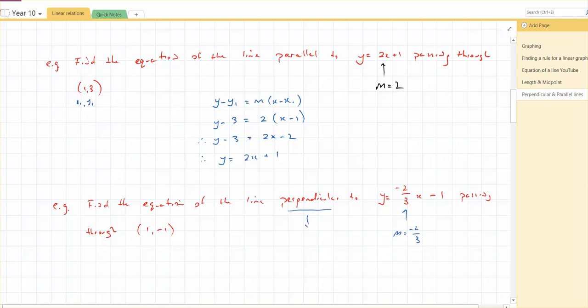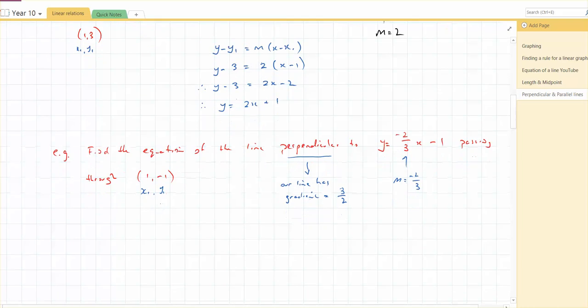So our line has gradient equal to not minus 2/3, but 3/2. The reciprocal of 2/3 is 3/2, and we want the opposite sign, so that's positive 3/2. So our gradient is 3/2. Our x1, y1 is here, (1, -1).